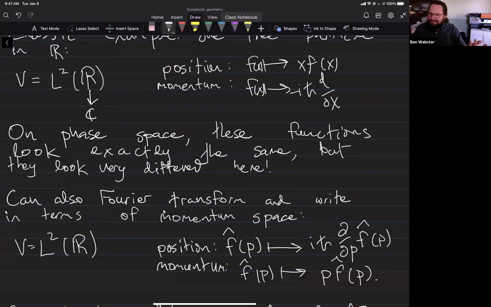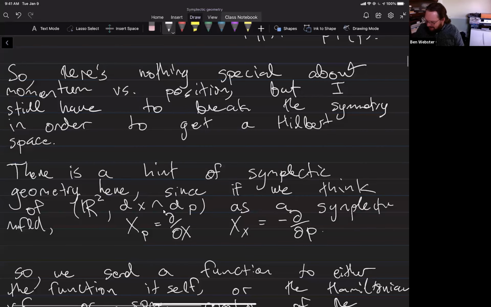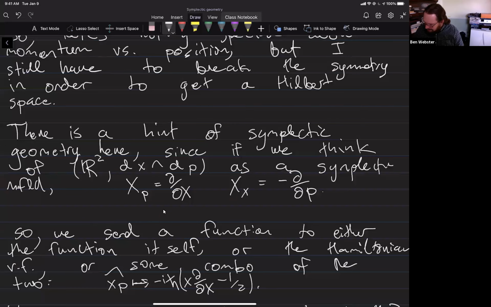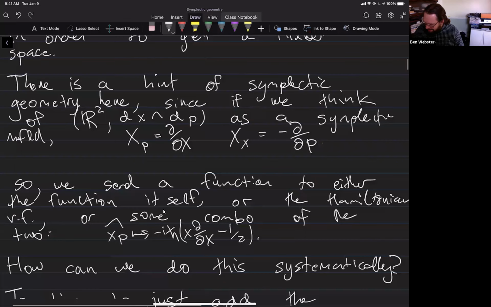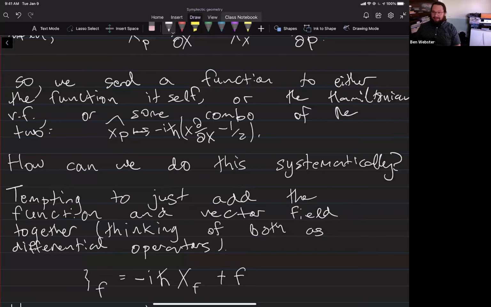Should we take the function? Should we take the Hamiltonian vector field? Well, as sometimes happens, the thing to do is to take both of them at once and then try to somehow fix things.